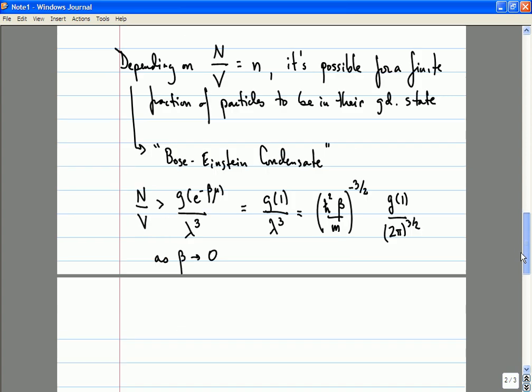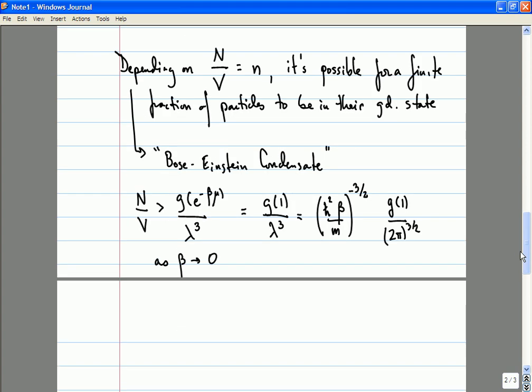So that for materials where this Bose-Einstein condensate transition happens at high temperature compared to the other scales in the system, the Bose-Einstein condensation happens at a critical temperature, which is determined just by solving this equation for the temperature.